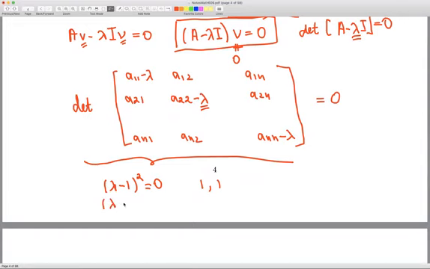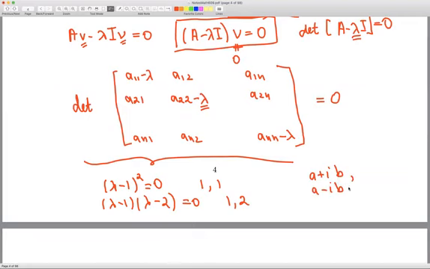Or we can have (lambda minus 1) times (lambda minus 2) equal to 0. This will have the two roots 1 and 2. Or, if you have a quadratic polynomial, the roots can be complex conjugate numbers, a plus ib and a minus ib.